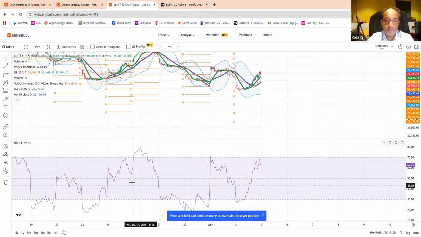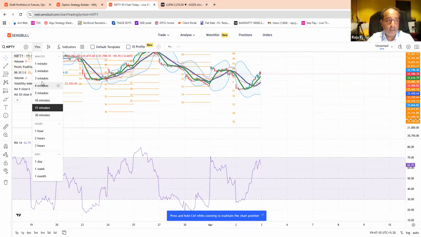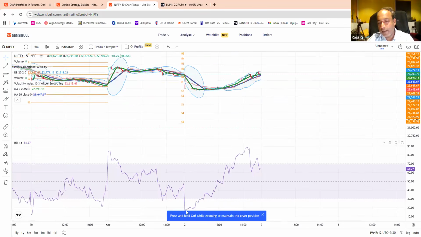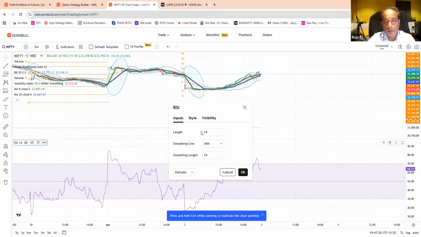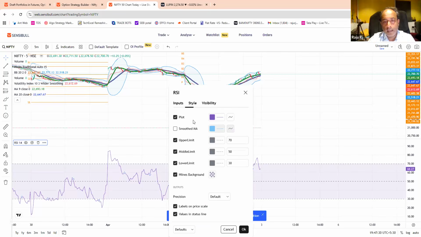So usually if you see the RSI in 15 minutes or 5 minutes as well, whenever it is below 30, you can just change the RSI level to different levels, 20 and 80 as well. I usually follow 20 and 80. Where is the RSI here? Okay, RSI settings here. This is 14 length.